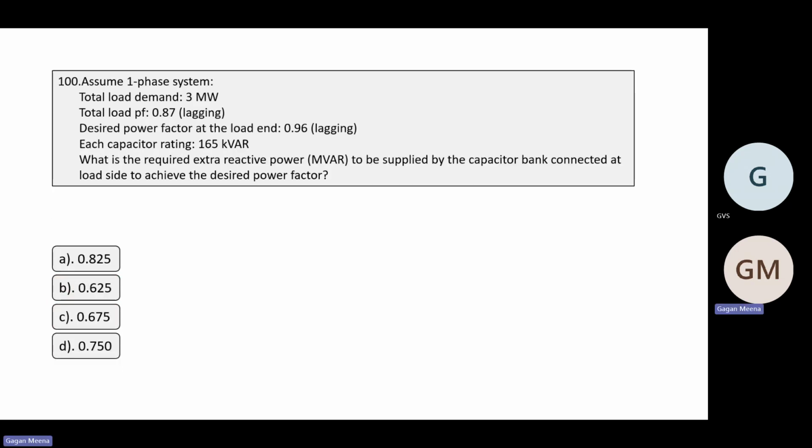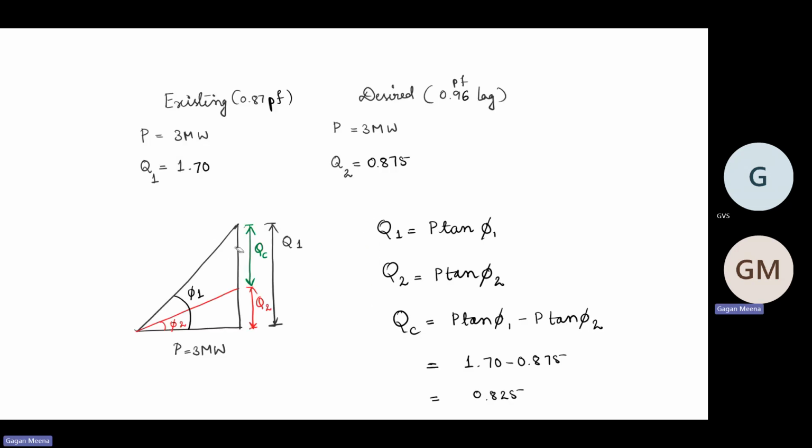Okay, the last one is another question here. The total load is 0.87 lag, and you want the new power factor to be 0.9 lag. So what should be the rating of the capacitor? Here this is a power triangle, right? Initially this was Q1, which was supplied by the supply source side.